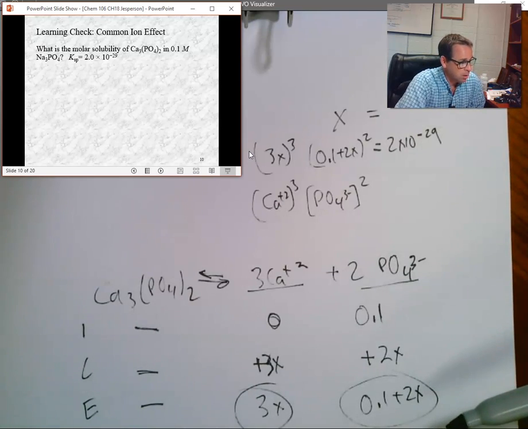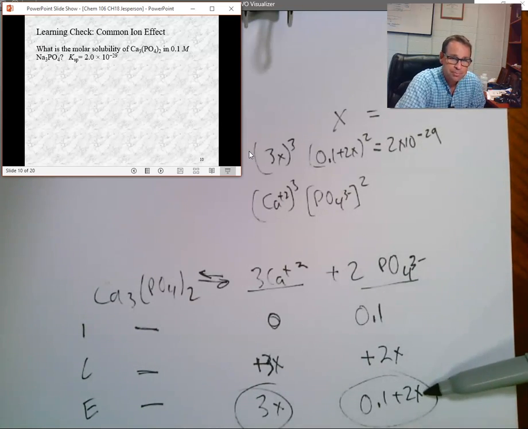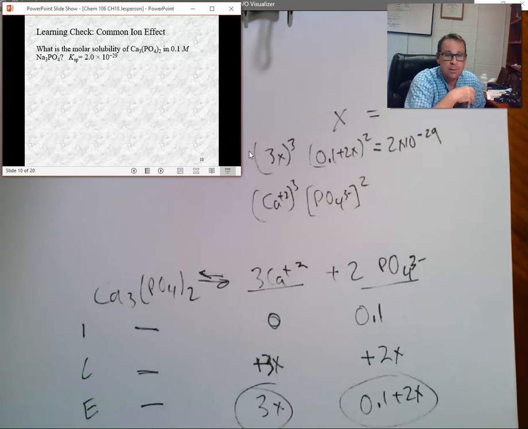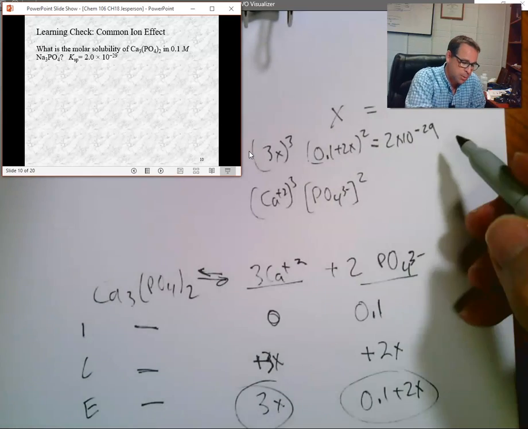What do you think, Sarah? Do you think I can drop that 2x? I would think maybe you can, because KSP is super small. That's right. That's what we look at, right?